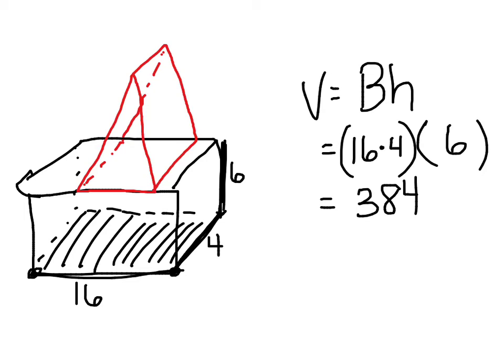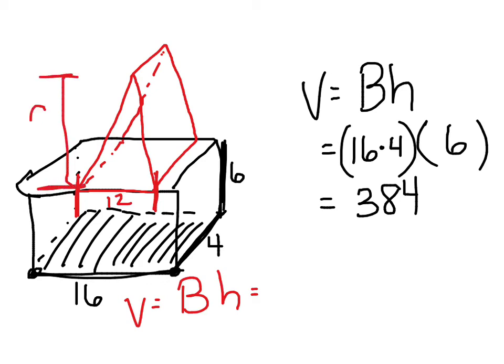And that is up on the board. So for finding the top part, I'm still using big B times H. Big B in this problem, area of the base. It says that this from here to here is 12. And from here to there is 9, it says. So 9 times 12 divided by 2.